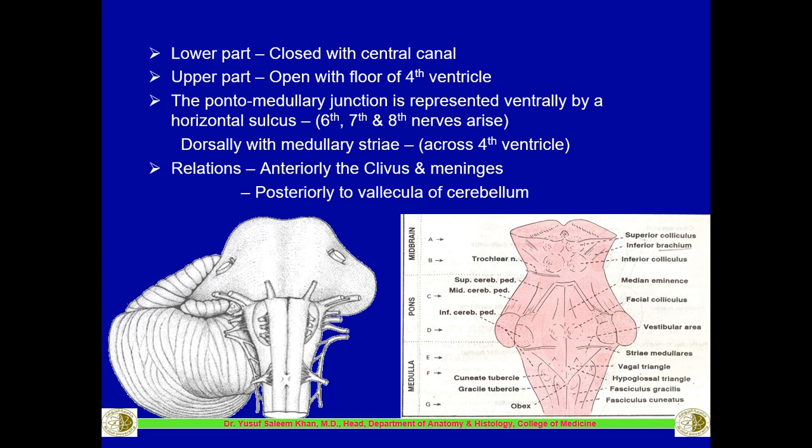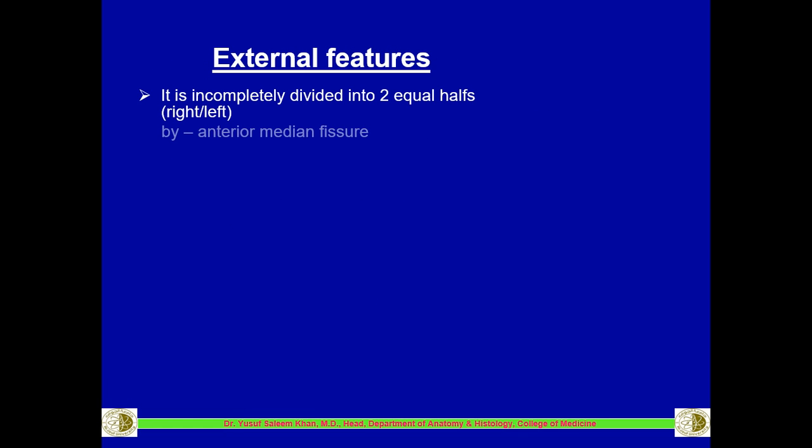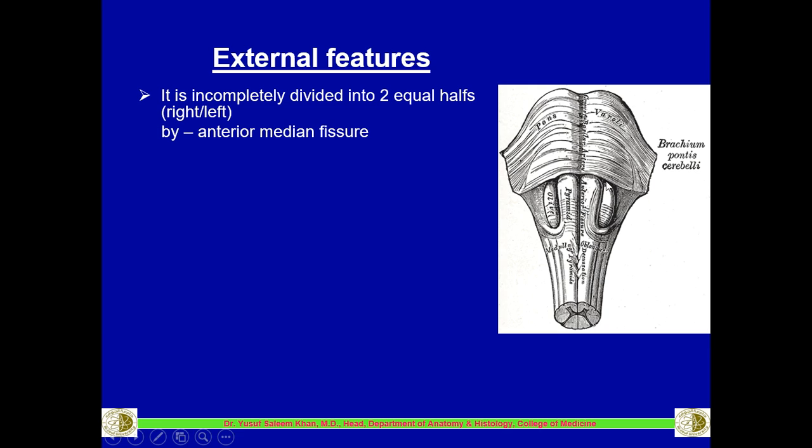In the posterior view here, this is called the posterior median sulcus. So we have the posterior median sulcus, and anteriorly the anterior median fissure. These two, the sulcus and the fissure, divide the whole of the medulla oblongata into two halves.